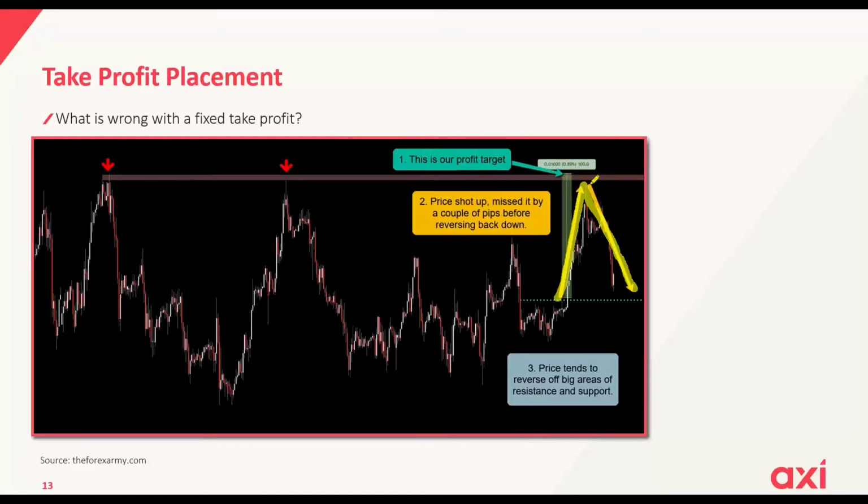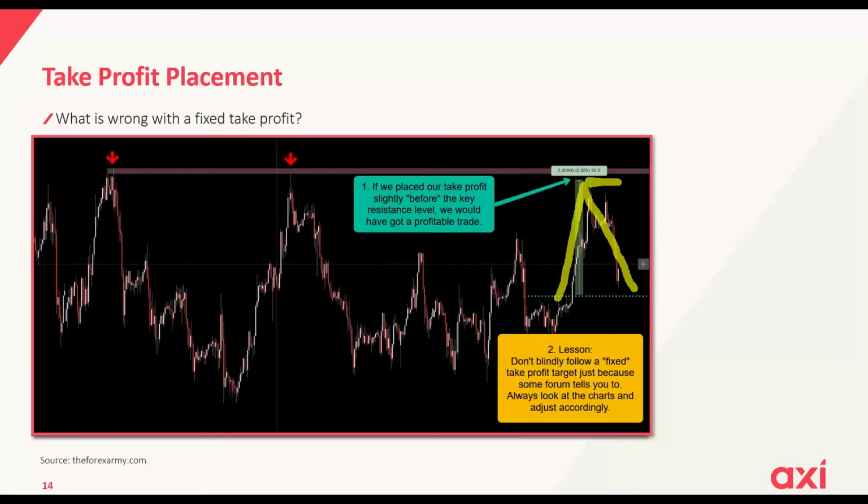We know our take profit always has to be before a key area of support, before a key area of resistance. So the solution to this is that instead of putting that 100 pips take profit, if we had just looked at the chart and adjusted our take profit to 90 pips, you'll notice that we have hit our take profit over here.